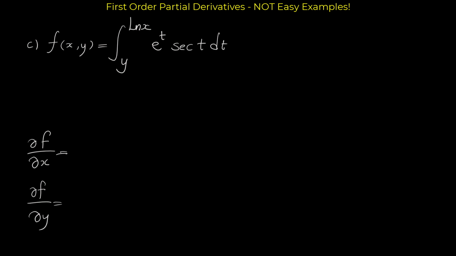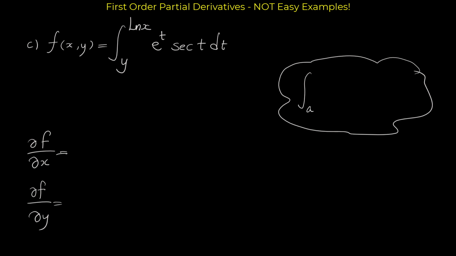For finding these partial derivatives, you need to remember the fundamental theorem of calculus. What was the fundamental theorem of calculus? Let me remind you. Based on the fundamental theorem of calculus, we know that if we have an integral from a constant, a number, to x of f of t dt, its derivative is simply f of x.